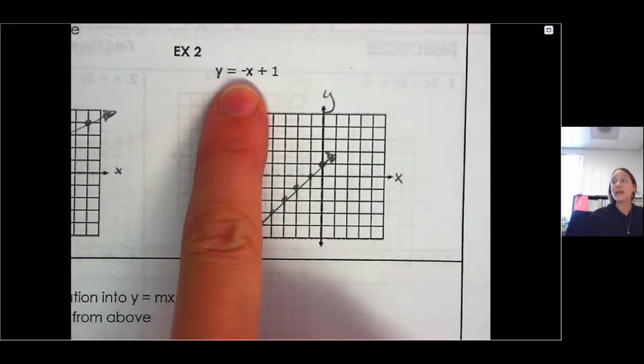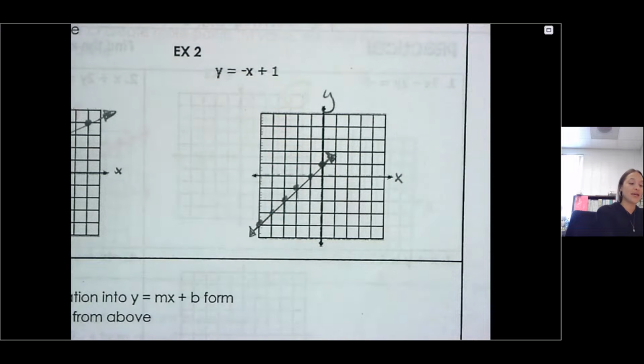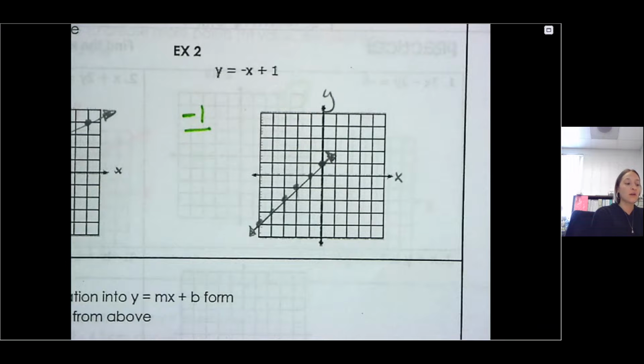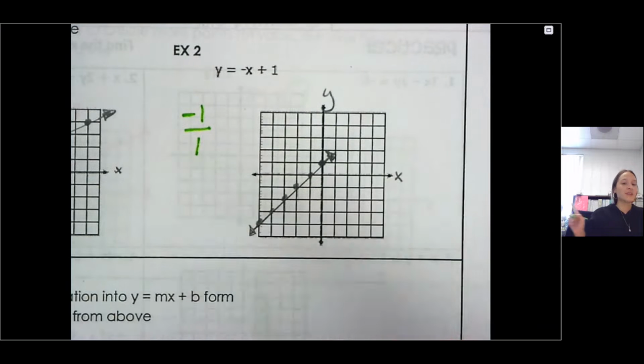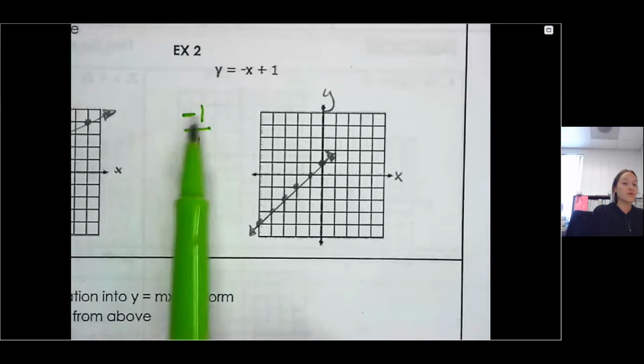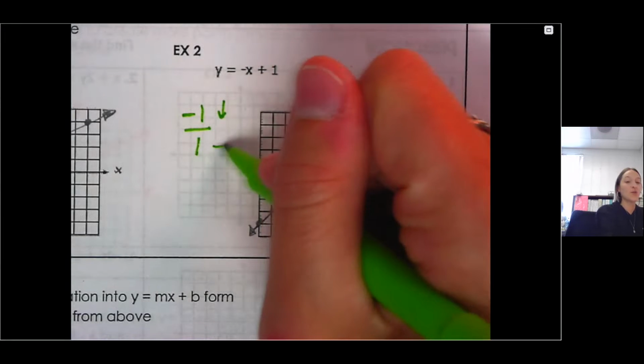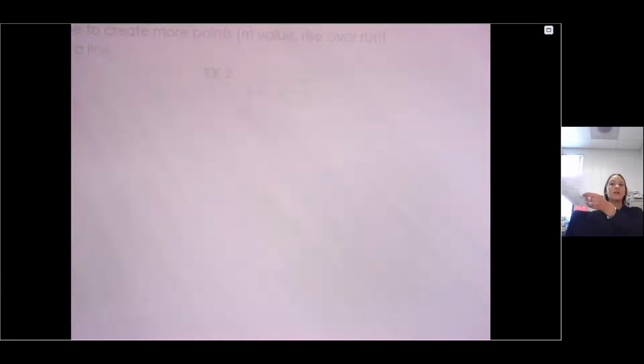Negative. There's no sign there, so your slope is -1 over +1. I got it wrong. That's okay, let's fix it. This is rise over run, so go down 1 and to the right 1. Okay, go fix it. Good.